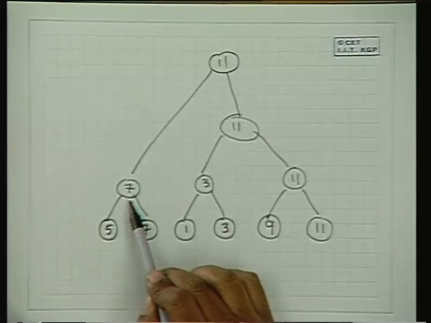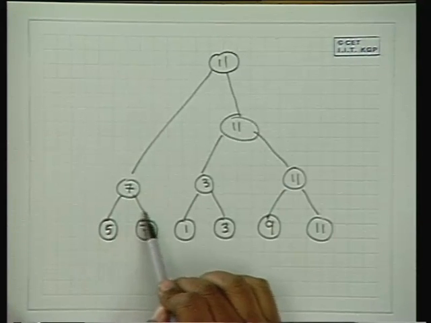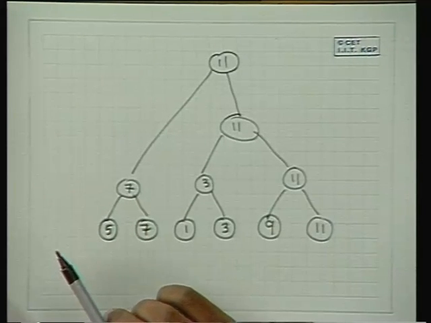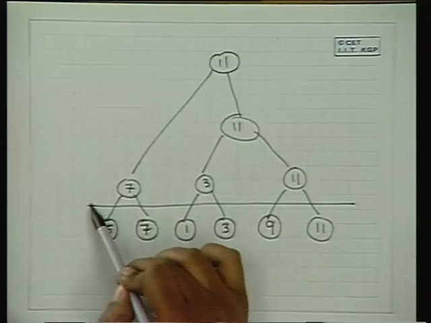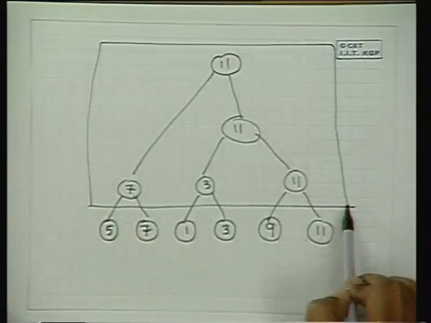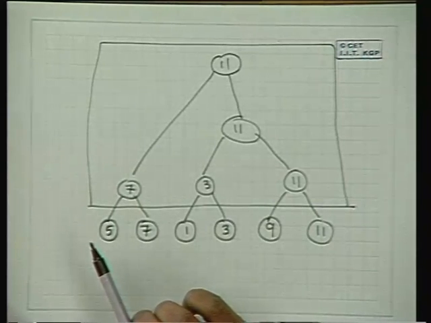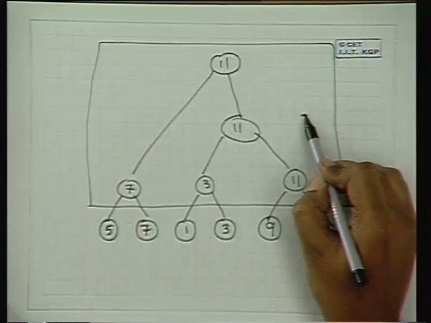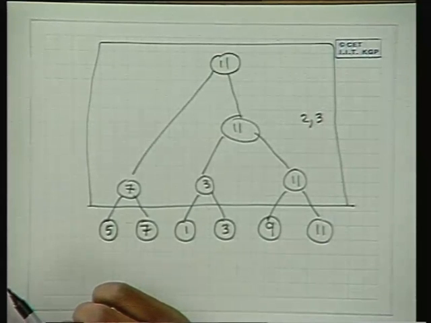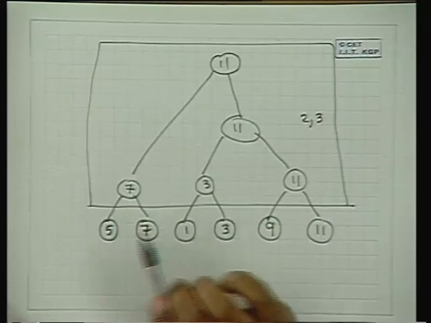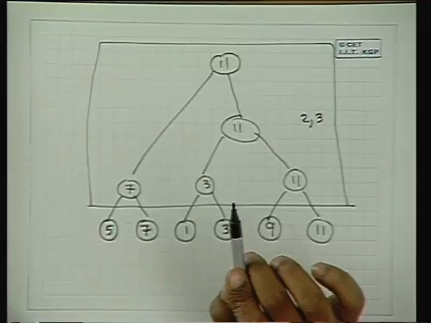Additionally, a 2-3 tree can have either 2 or 3 children. These are the leaf nodes, and these comparison nodes are the internal, non-leaf nodes. A non-leaf node can have 2 or 3 children. It cannot have 1 child, or more than 3 children.